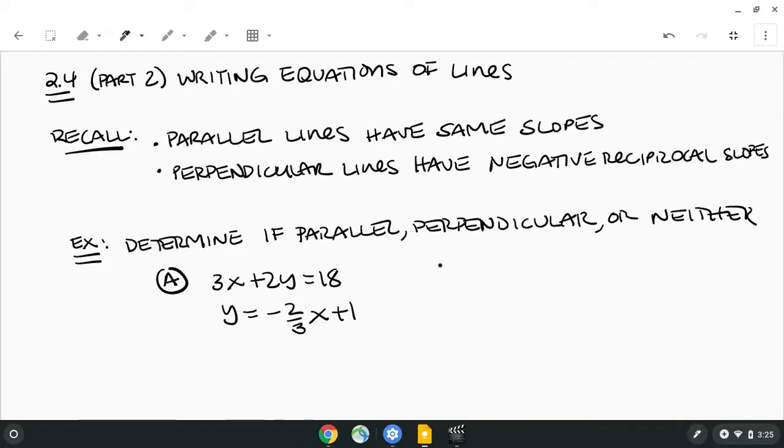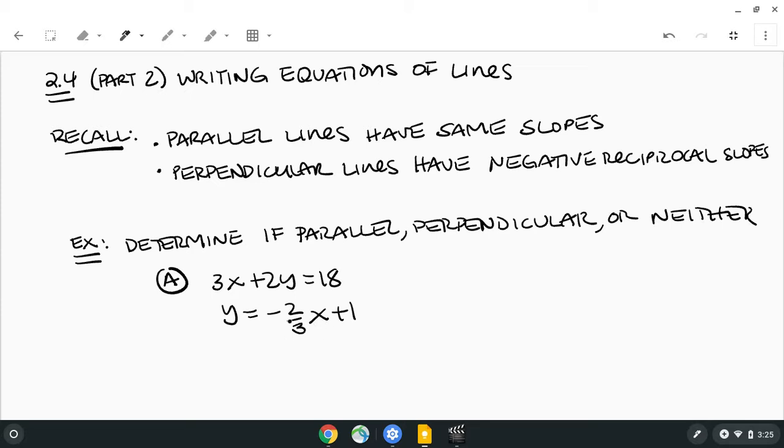If they have negative reciprocal slopes, then we can claim that these are perpendicular. So when you're being asked to determine if it's parallel, perpendicular, or neither, it's important to be able to identify the slope of each equation.